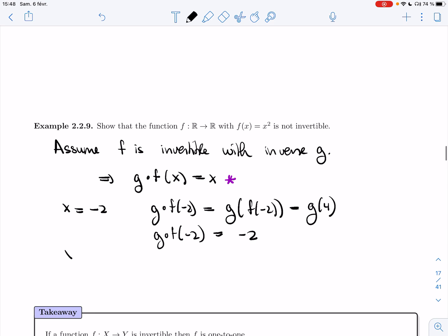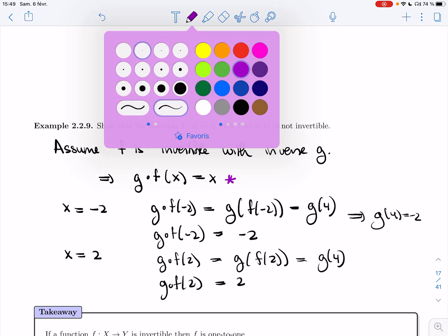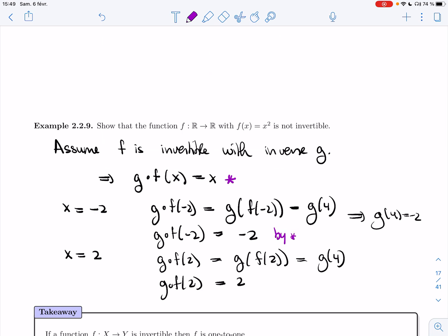I'm going to do the same thing to +2. So I'm going to get g of f of 2. That's going to be g of 4. All right, so from the first one, I get that g of 4 is -2. But if I keep going with this, from star, I get that g of f of 2 is actually 2.